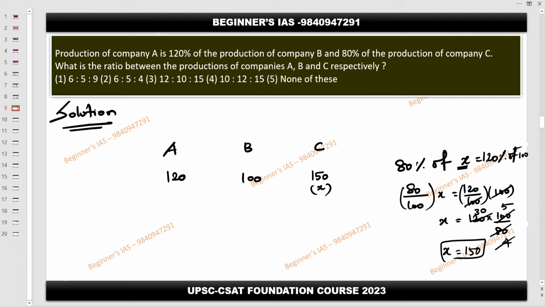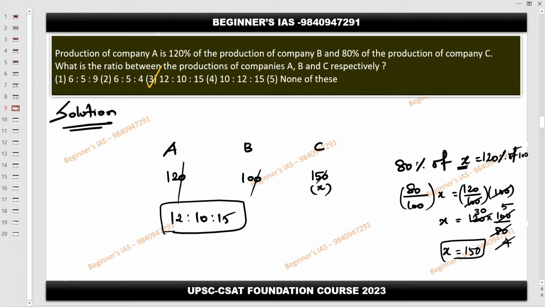Then now the question: what is the required ratio? So the zeros cancel, then 12 is to 10 is to 15. Then again, is the option there? Third option. Yes, okay, then that is the answer. Third option, 12 is to 10 is to 15.